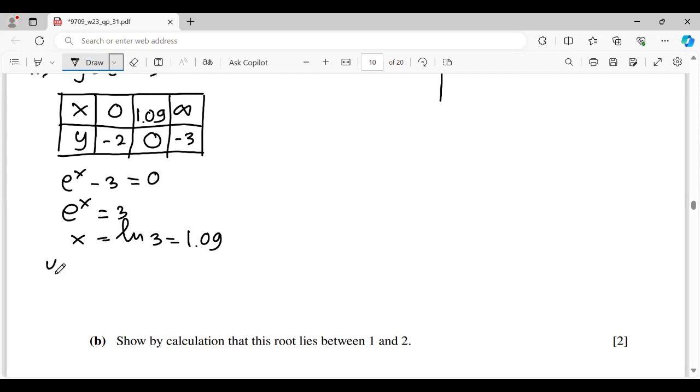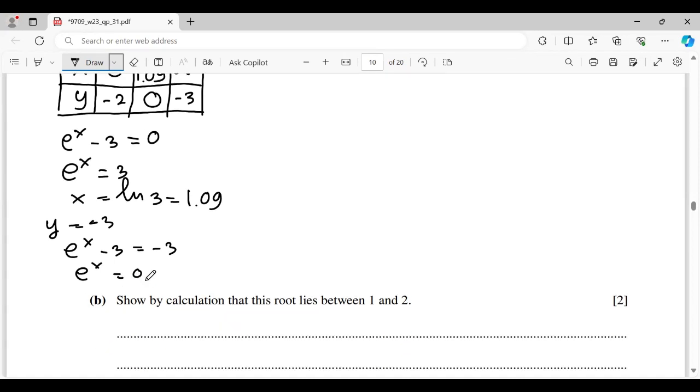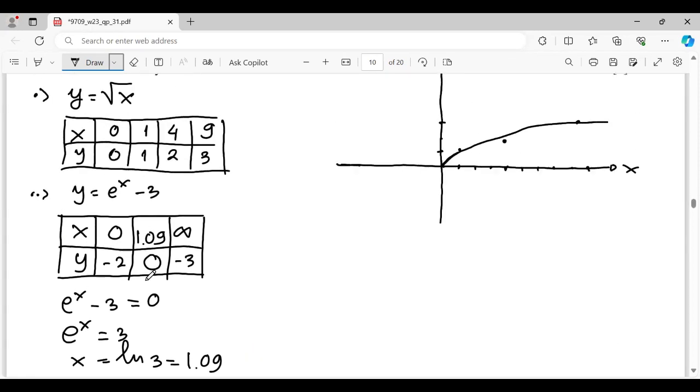So if y equals minus 3, it's going to be e power x minus 3 equals minus 3, e power x equals 0. So it becomes an asymptote. So the asymptote line is here.